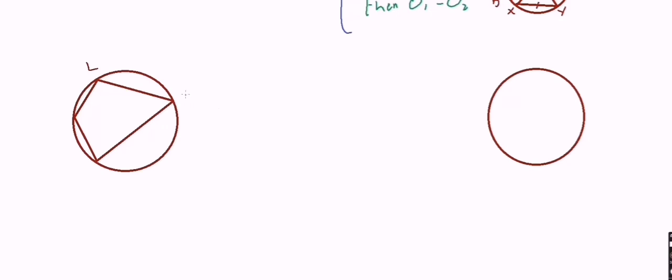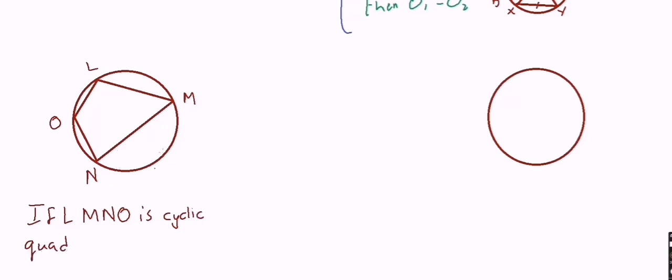L, M, N, O. So if L, M, N, O is a cyclic quad, then two things.